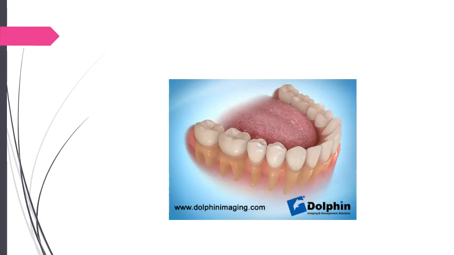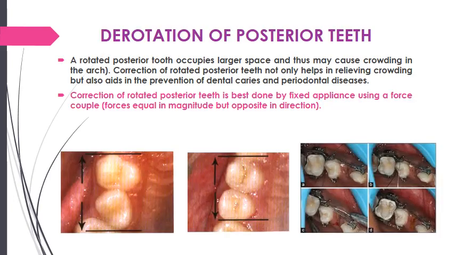So the way of gaining space will be used by using a band and a pushing coil attached to it or soldered to it. The band will be cemented to the 6 and the pushing coil will open the space by pushing the molar posteriorly or uprightening the molars, as we can see here. So we will create more space and the 5 can erupt without any problem.